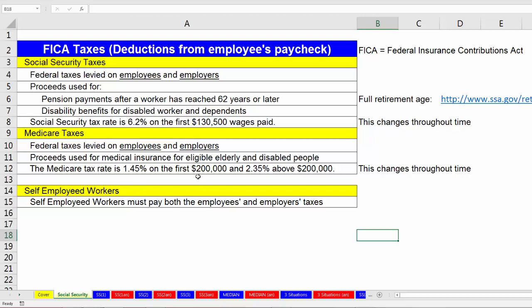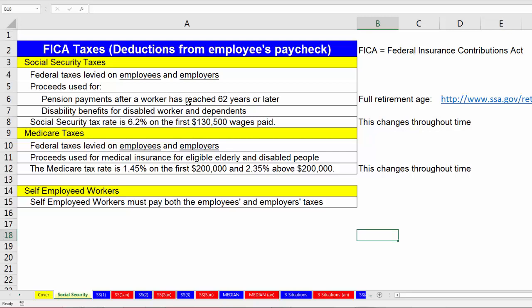But if you're one of the few that are lucky enough to make more than $200,000, the tax rate changes once you jump over this hurdle to 2.35%. So whenever we're making our calculations for Social Security, we either use 6.2% or 0. For Medicare, there's the hurdle. Below or equal to, it's that tax rate. Above, it's the second tax rate.